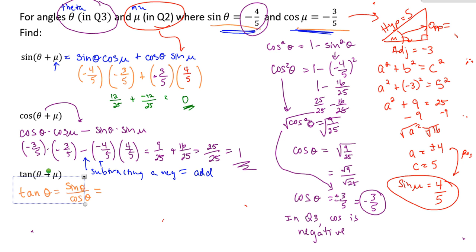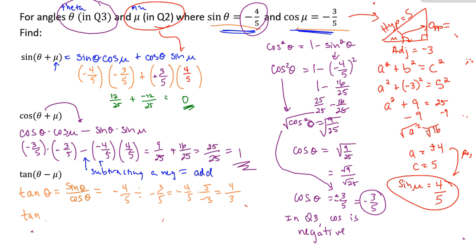That's negative 4/5 divided by negative 3/5, negative 4/5 times 5 over negative 3, which will be positive 4 over 3. That's the tangent of theta.